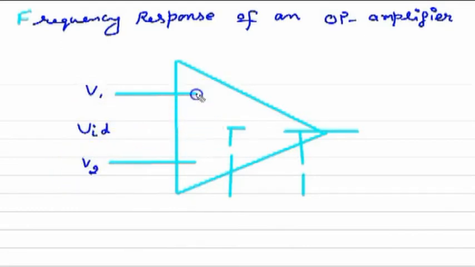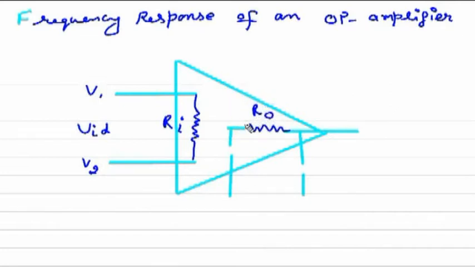RI is the input resistance, and the output resistance is R0. Operational amplifier has very high input impedance and very low output impedance.